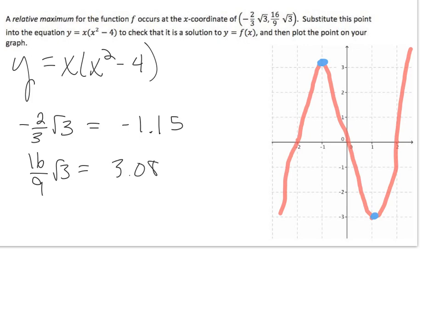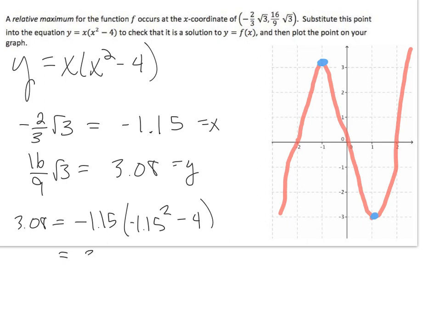So I'm going to plug those in with an x and a y. 3.08 equals 1.15 squared minus 4, times... this does in fact give me 3.08.